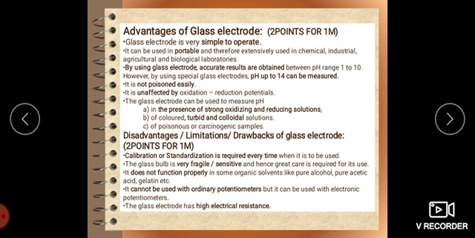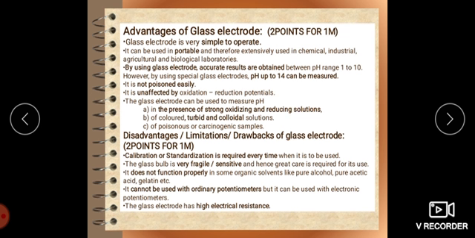This pH electrode can be used to determine the pH of poisonous samples, and is not affected by oxidation reduction potentials. It can measure pH in the presence of strong oxidizing and reducing solutions, and of colored, turbid, colloidal, poisonous and carcinogenic samples.